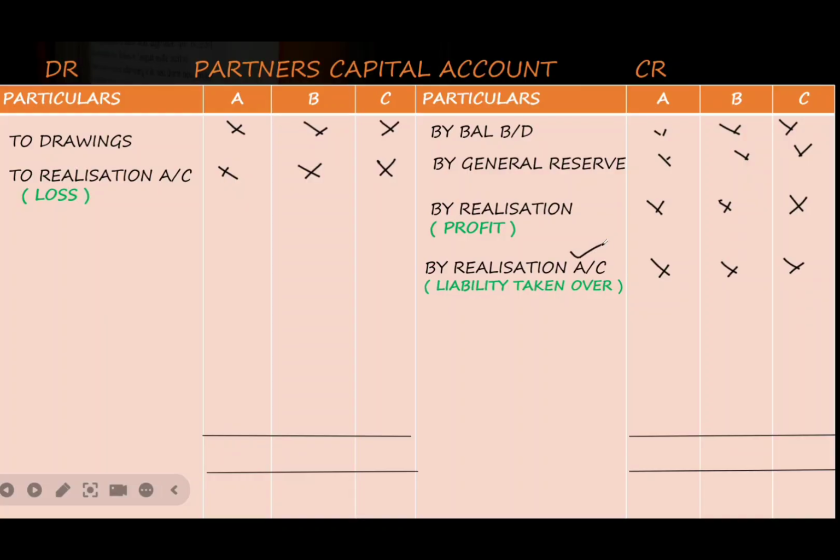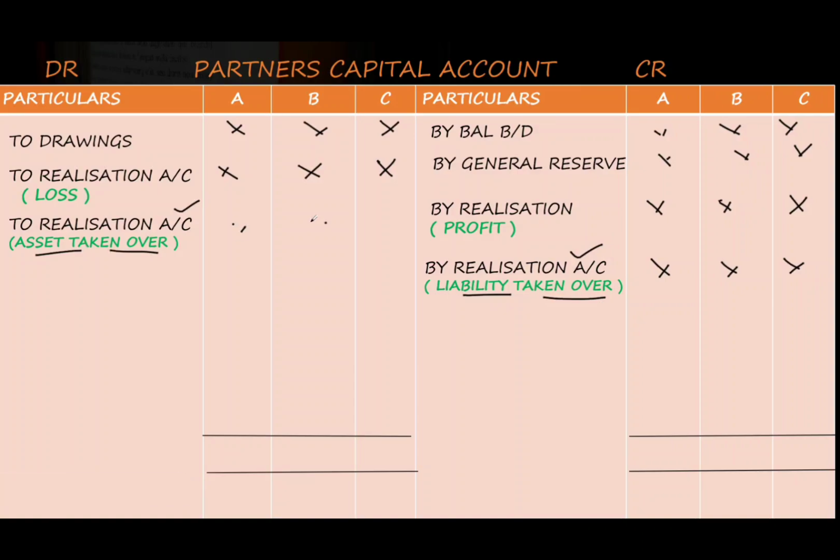Similarly, if an asset is taken over by a partner, which we have credited on the realization account, it will be written on the debit side of the partner's capital account. Any partner who has taken it will have it on the debit side as to realization account.